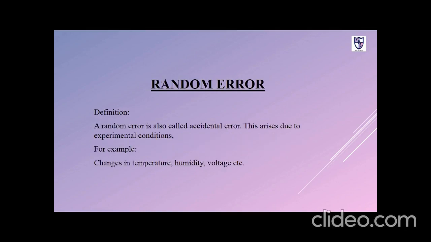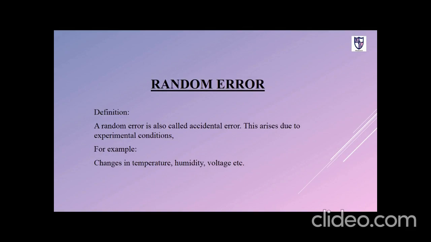A random error is also called accidental error. This arises due to experimental conditions, for example, changes in temperature, humidity, voltage, etc., which are beyond the control of a person making measurements.